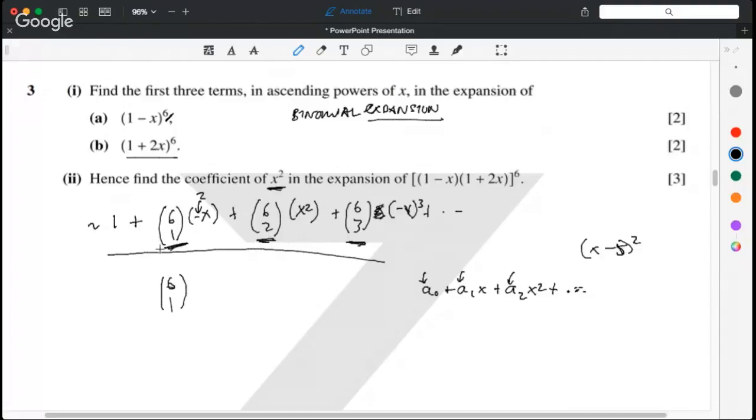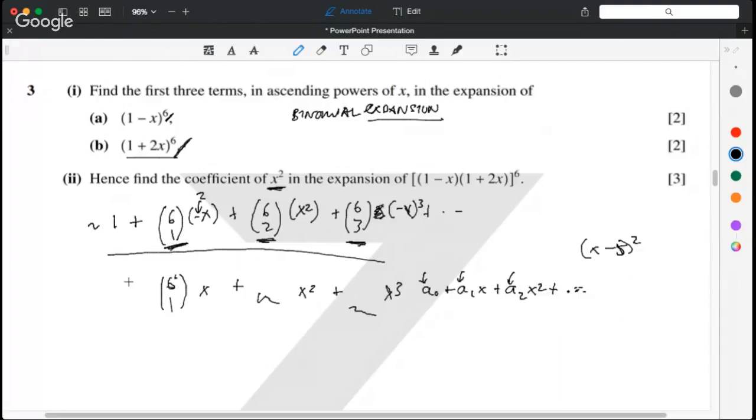So basically, you just need to find all the matching pairs between the 2 expansions that you've written down, for the first 3 terms. You only need the first 3 terms. And you match between them the ones that could combine to form an x squared. So maybe a 1 and an x squared, or the x term plus something x cubed.